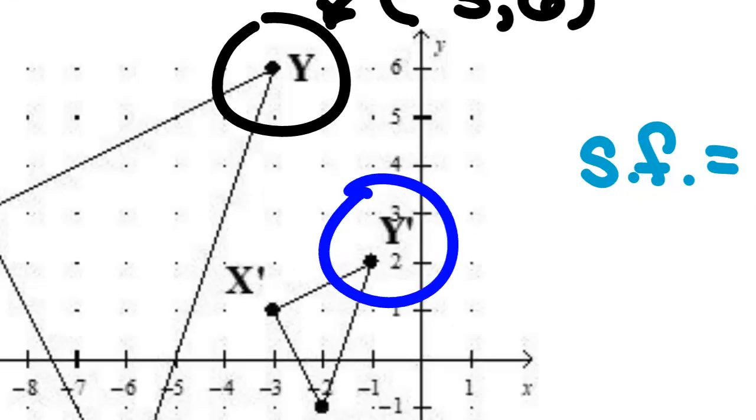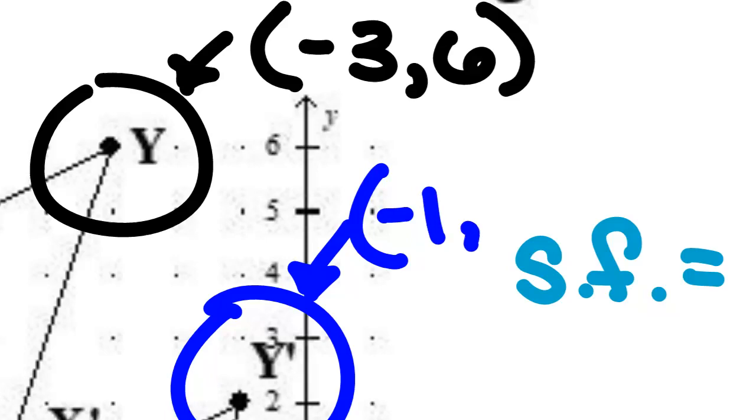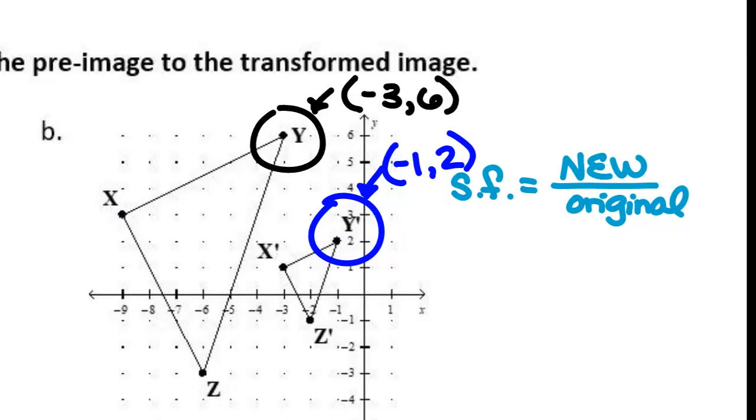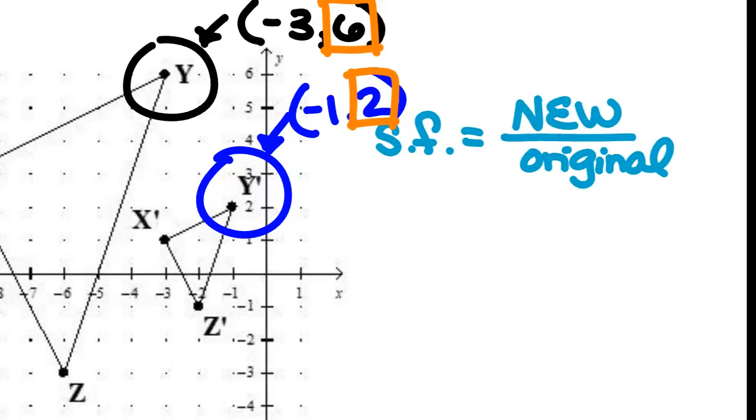What about Y prime? What's that ordered pair? Negative 1, 2. We have to decide whether we're going to use the X part or the Y part. Do you guys want to use X or Y? Y sounds good. So when we do new over original, what goes in my numerator? 2 goes in the numerator.